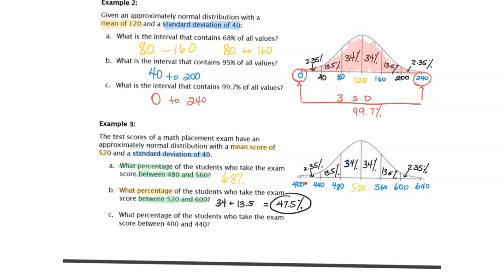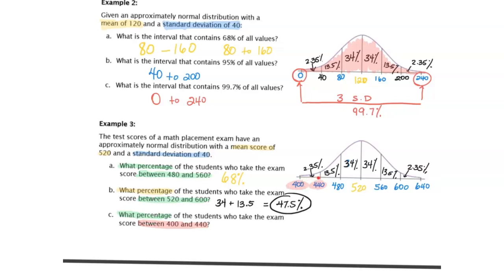All right, so starting off again from scratch with our problem for part C. What percentage of students who take the exam score between 400 and 440? So highlighting the important parts, we again are asked what percentage, and this time are between 400 and 440. 400 is located here and 440 is here.